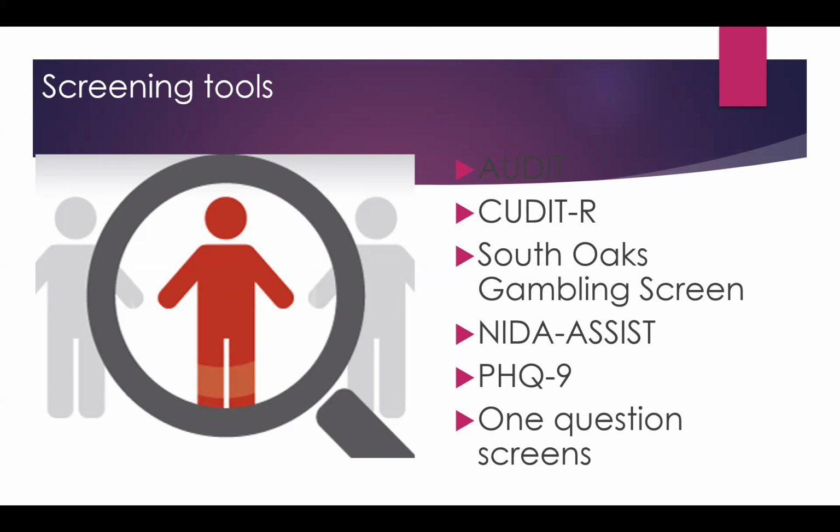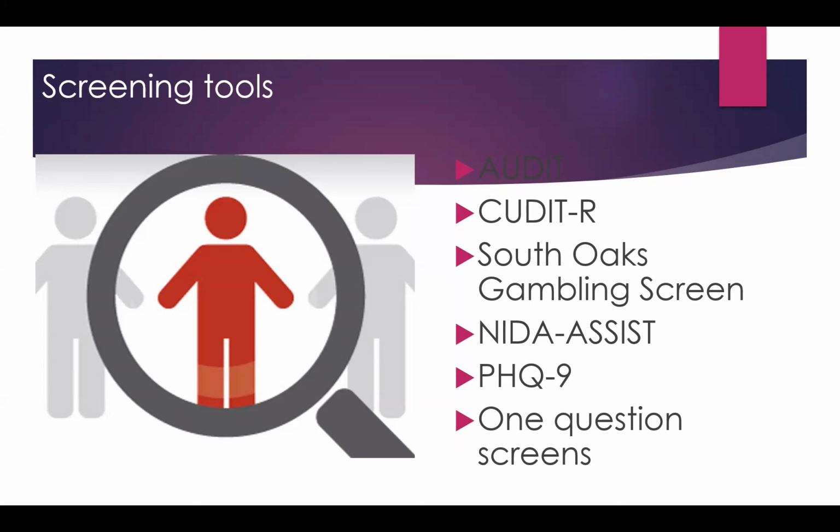It starts with a one-question screen for alcohol, other drugs, and tobacco use. And if a person says yes to any of those, there are follow-up questions that can be asked as part of the screening. There's also a one-question screen for alcohol use and cannabis use, which I'm happy to share with people offline. And also it's part of the NIDA Assist. You can get it there.